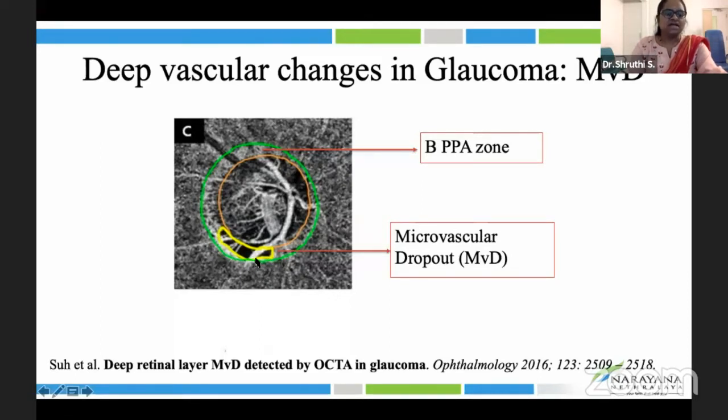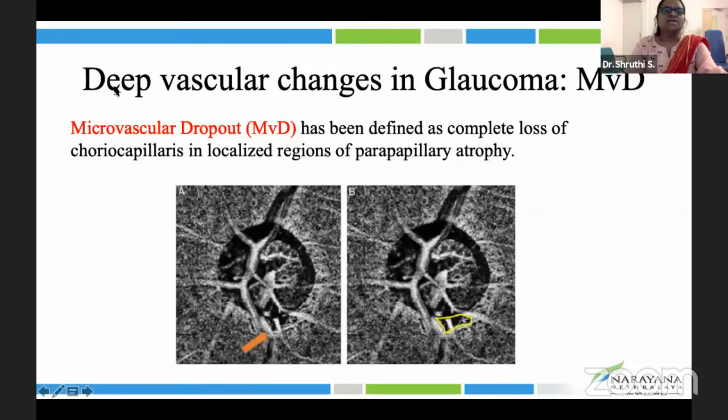So this area has been defined as microvascular dropout. Microvascular dropout has been defined as a complete loss of choriocapillaris in localized regions of the peripapillary atrophy. Some papers say that it is deep layer microvascular dropout, and some papers define it as choroidal microvascular dropout, though both are essentially the same.